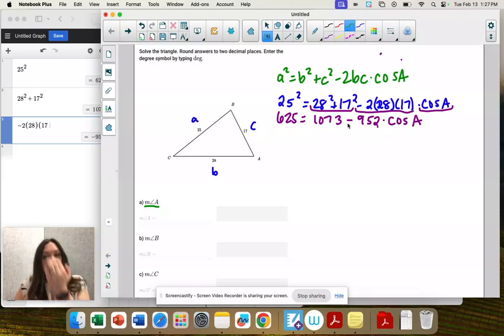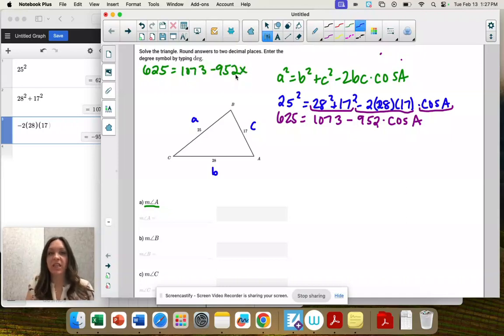Now I know you want to subtract those. Do not subtract them. I want you to solve it. I always write it out like it's an x. Okay, I want you to solve like cosine of A is an x. You wouldn't do 1073 minus 952.